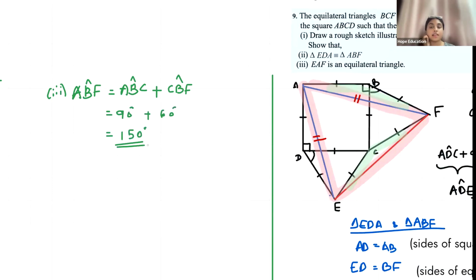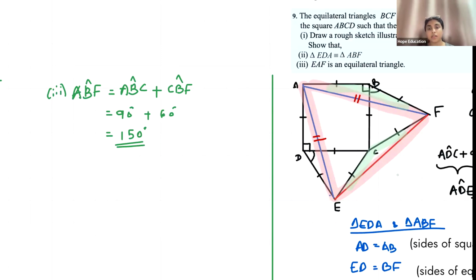Now, how do we exactly check this? Do you know that angles around a point is 360 degrees? Do you know that? Yes. So if you take this point C, the angles around it should add up to 360, right?